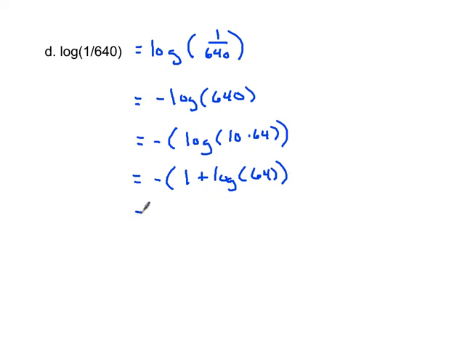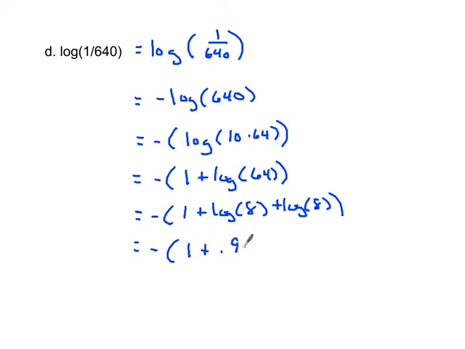And then I can rewrite this as negative, 1 plus log 8 plus log 8. So that's 1 plus 0.9031 plus another 0.9031. And so our final answer ends up being negative 2.8062.